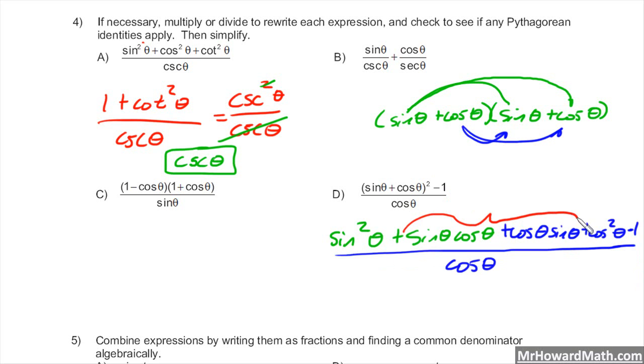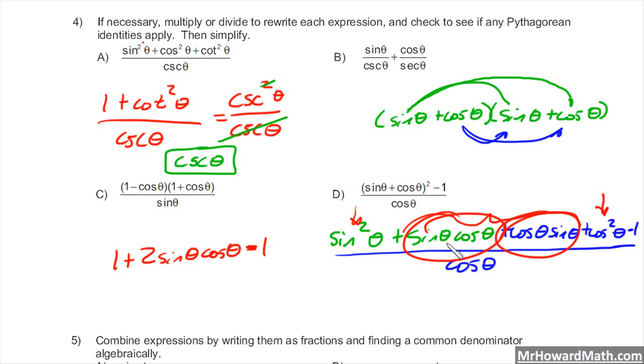This would become 2 sine theta cosine theta, and sine squared theta plus cosine squared theta equals 1. So I'm going to make this piece and this piece into 1. So coming over here, 1 plus 2 sine theta cosine theta minus 1. So what I did here is I just put one of these together with one of these.